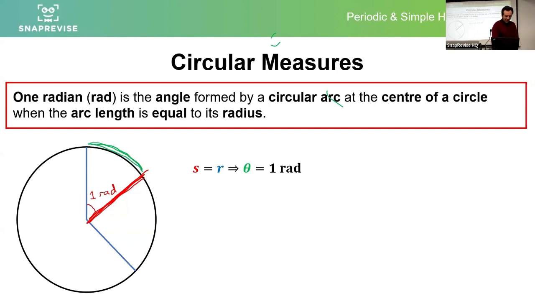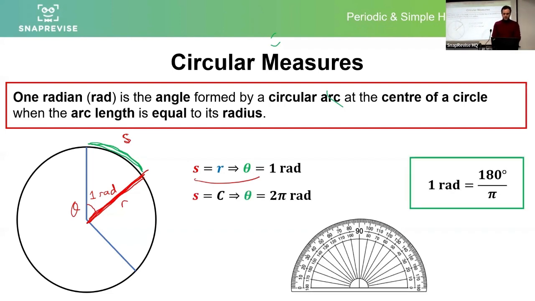It's probably annoying a few of you that I've used ink colors different to those displayed here, because S would be this length and R is the radius, and this theta is equal to 1 radian. So when you draw a Trivial Pursuit wedge such that the radius is equal to the arc length, that means you've got yourself 1 radian. And that's the definition. Everything else follows on from that.